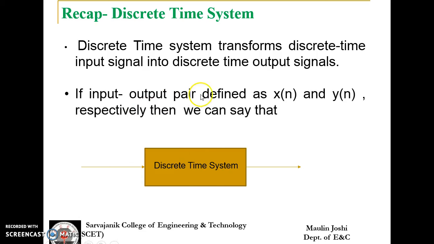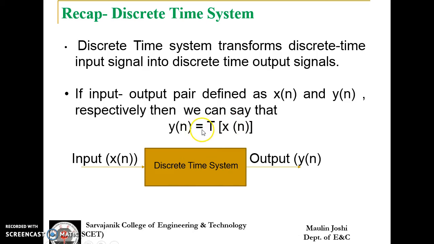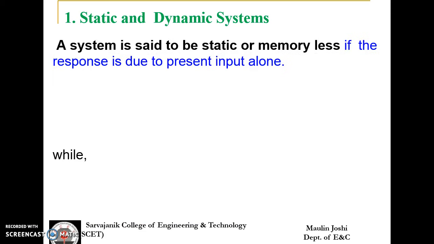If the input-output pair is defined as x(n) and y(n) respectively, then we can say that y(n) is equal to the transformation of x(n). That means if we give x(n) as an input signal, the discrete time system will convert it to the output known as y(n).